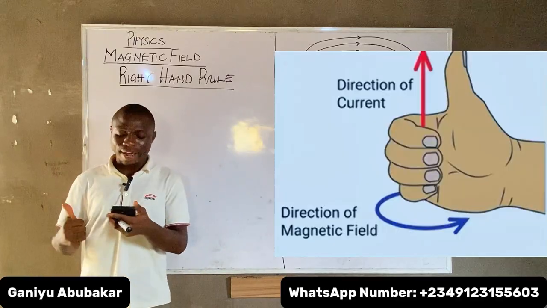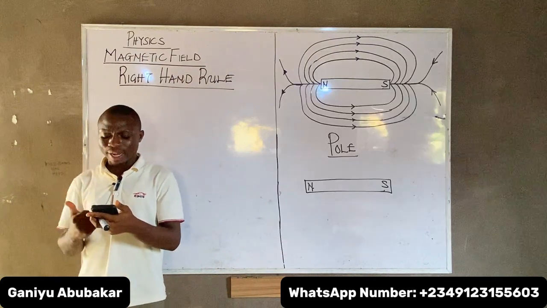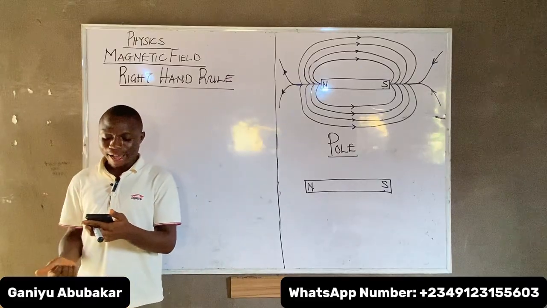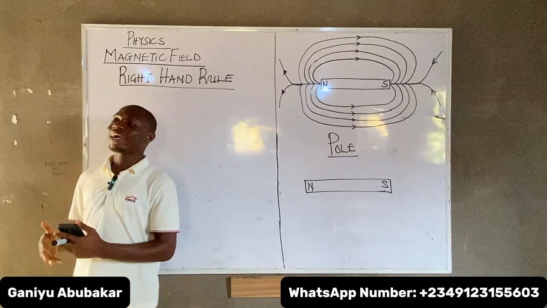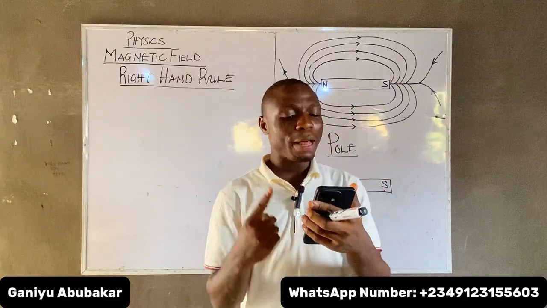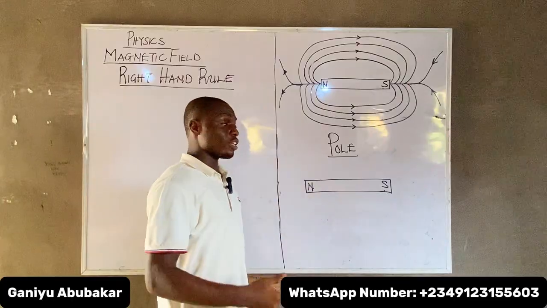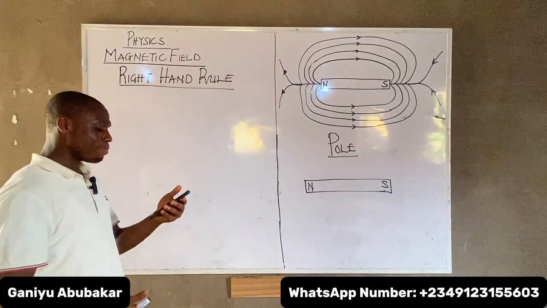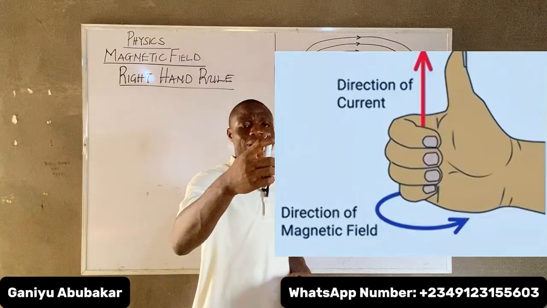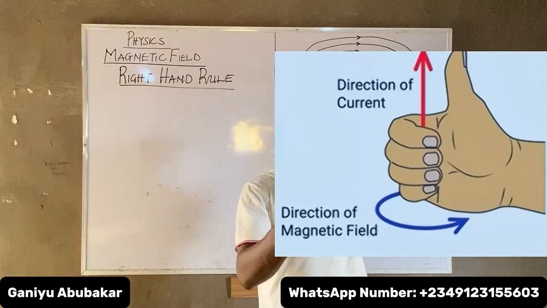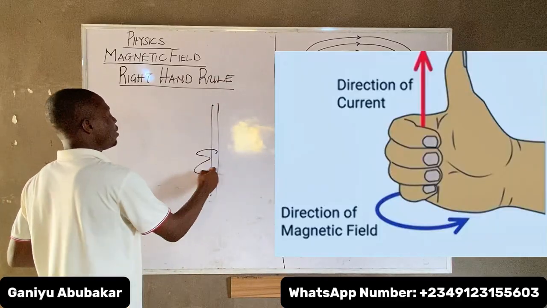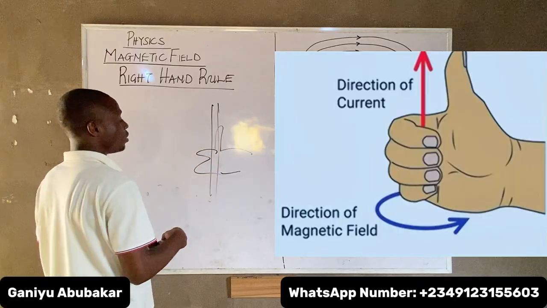If one grabs a wire, let this be a wire, such that the thumb is the direction of current, so we are assuming the current is flowing straight up this way, so my thumb is here, and my fingers wrap this way.